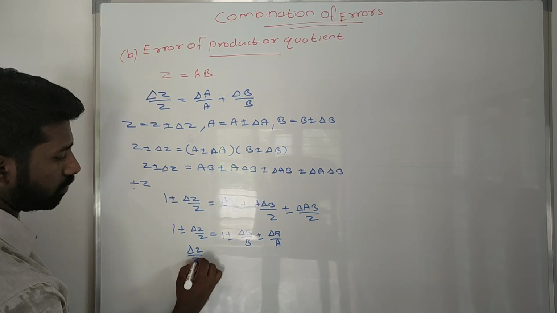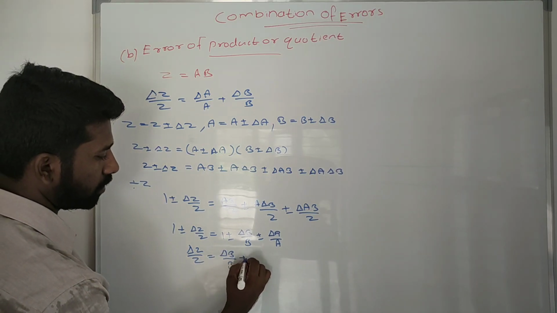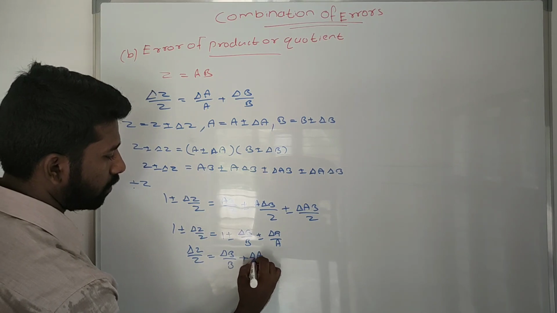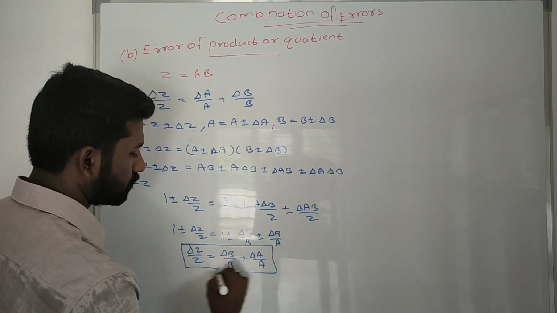So delta Z by Z is equal to delta B by B plus delta A by A. Clear? That is the result.